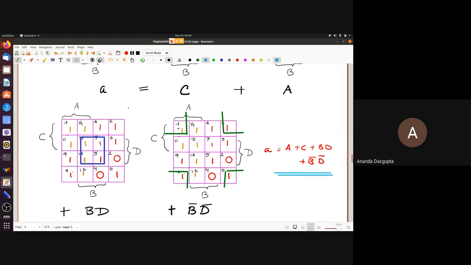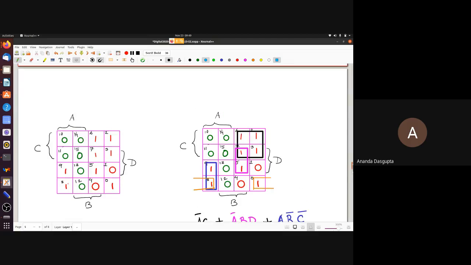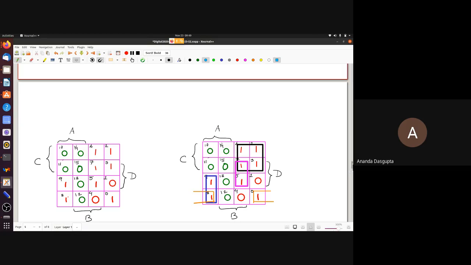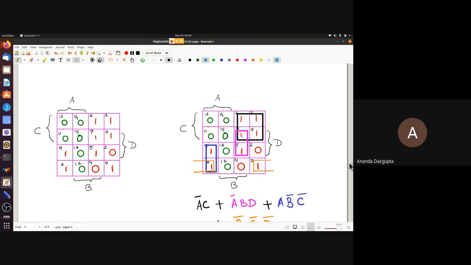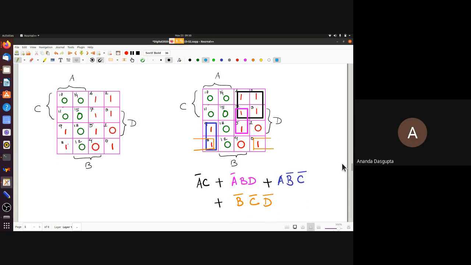Just to contrast this, when we decided that all the don't cares will be zeros, that's arbitrary. They're don't cares. Why give them zeros? But then you will only get this square, this dyad, and this dyad, and this is the expression you will end up with. This, of course, is the correct expression, the simplest possible expression for this function.